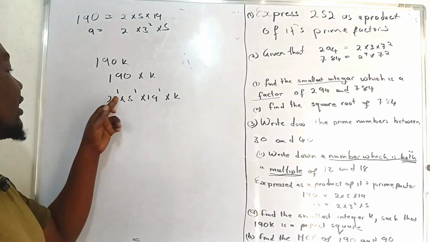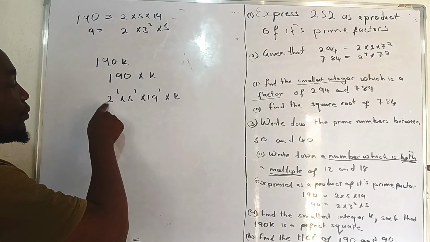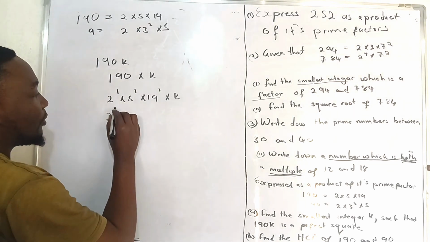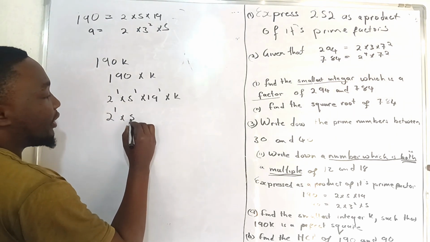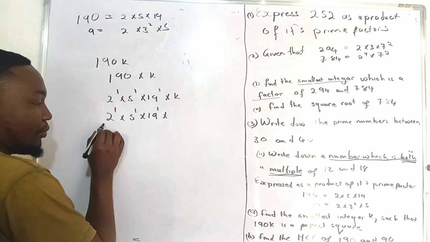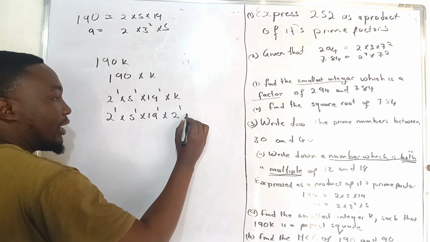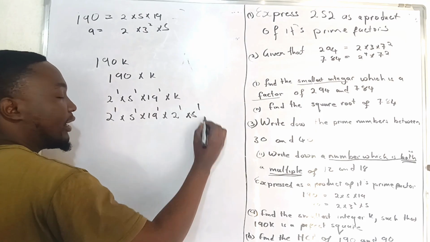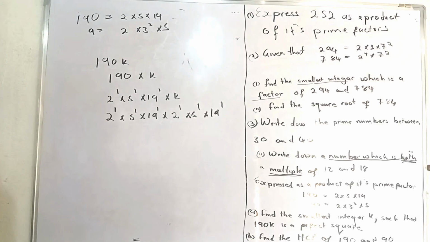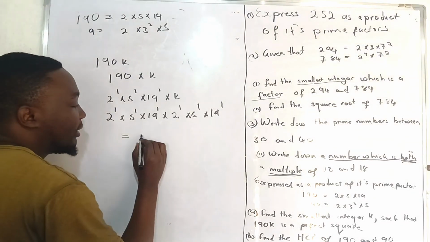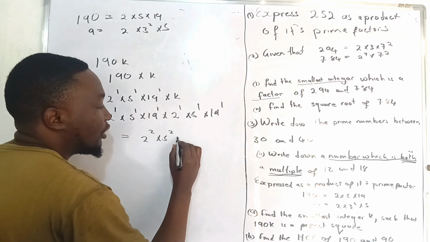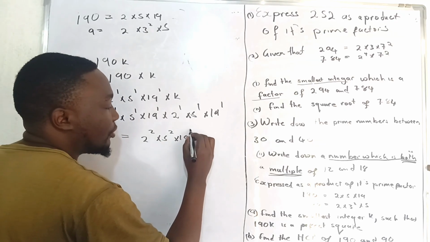So in order to make these powers 2, we are going to multiply with the same bases and the same powers. So we have 2 to the power 1 multiplied by 5 to the power 1 multiplied by 19 to the power 1, multiplied by 2 to the power 1 multiplied by 5 to the power 1 multiplied by 19 to the power 1. So the number is going to be 2 to the power 2, 5 to the power 2 multiplied by 19 to the power 2.